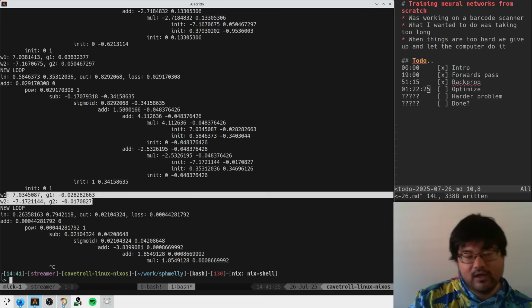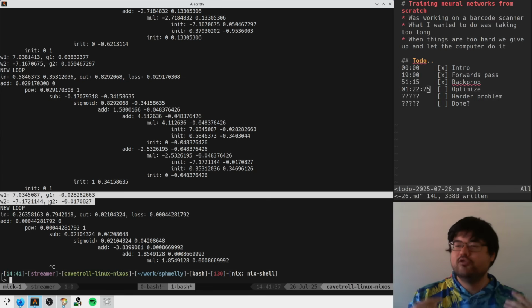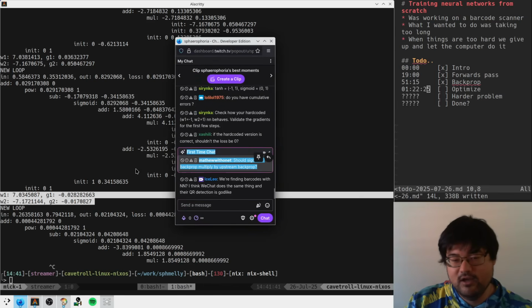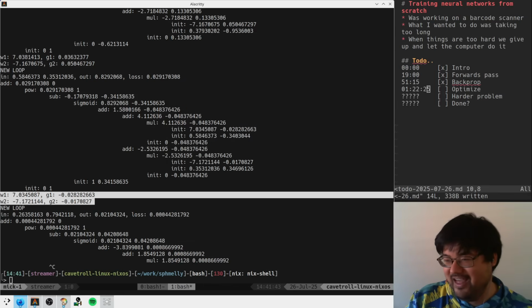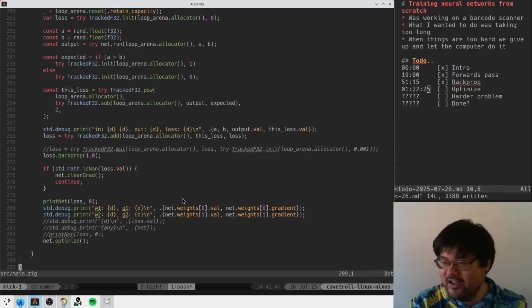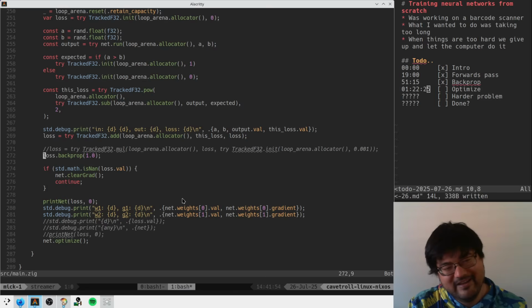Look, the weights are positive and negative from each other. Let's go! Thank you so much. That would have taken me a really long time to find. But I think you found the right answer, that we just weren't backpropagating our sigmoid correctly. And that was causing problems.